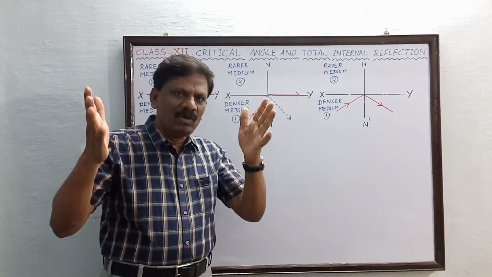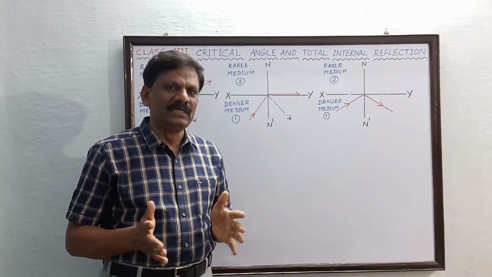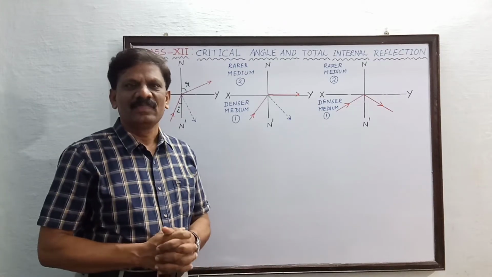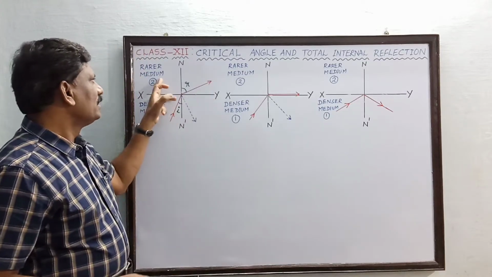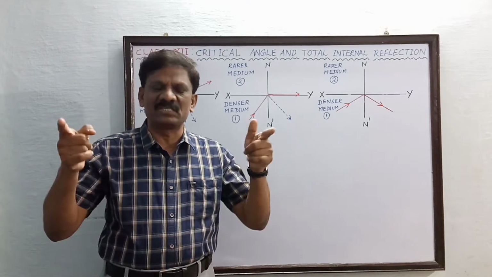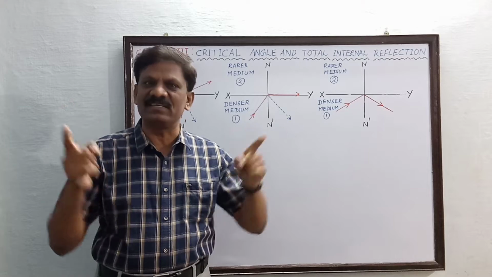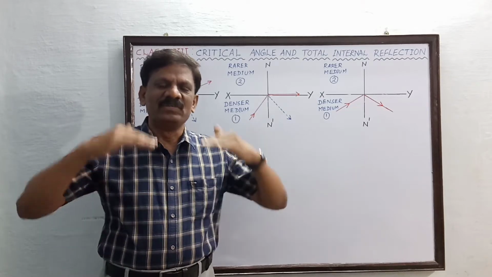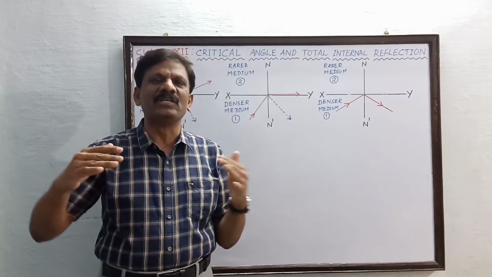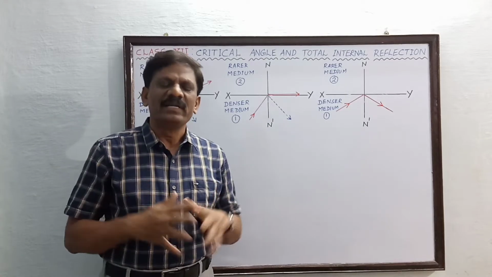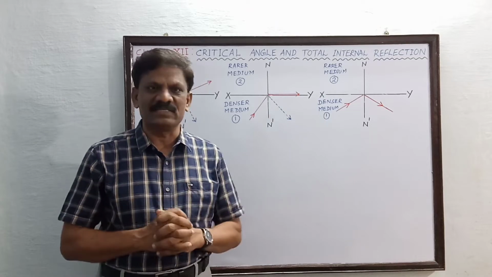Below XY, the medium is taken to be a denser medium, and above XY, the medium is considered to be a rarer medium. So I can say XY is also the interface. We have studied now what is meant by interface. It is a line of separation between two different media having two different refractive indices.